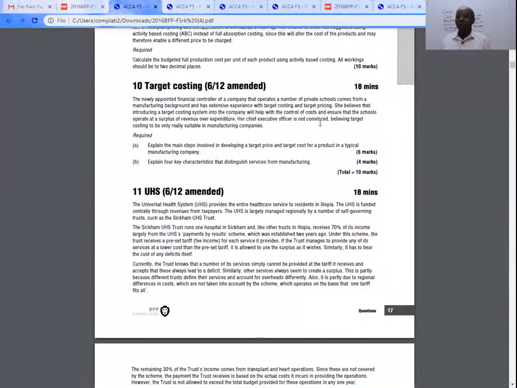And if possible, you should print this book. We shall be relying on this book. I'll be able to show you very many questions that have been tested from this, and of course, many of them in CASNEB AMA. So like now I'm targeting this one as my theoretical question. I would want somebody to go through it and try answering it.